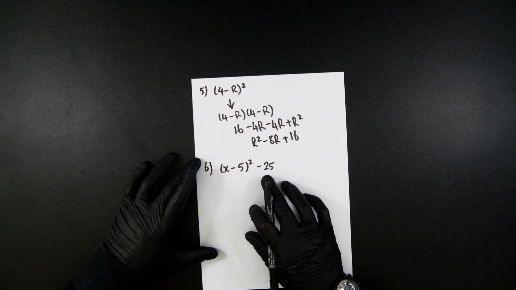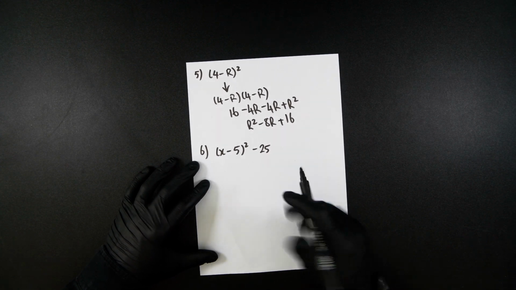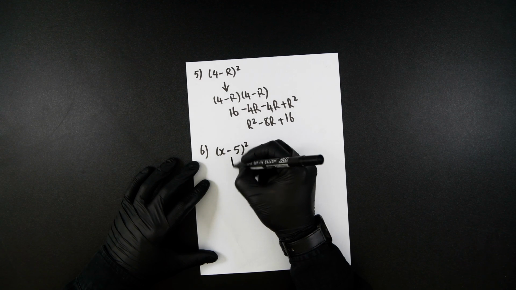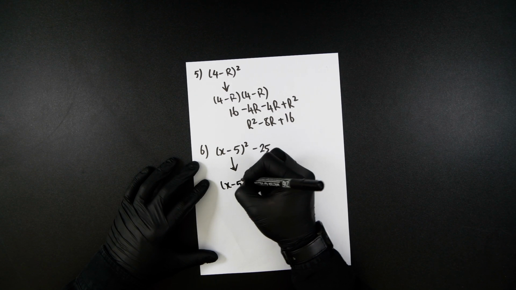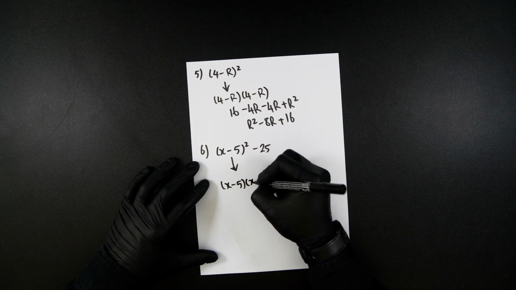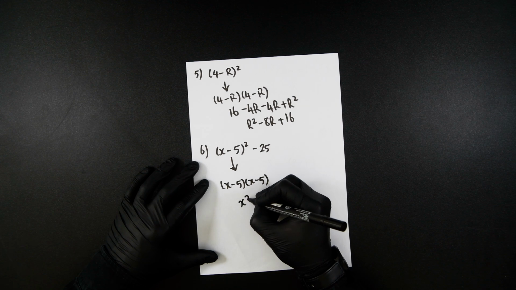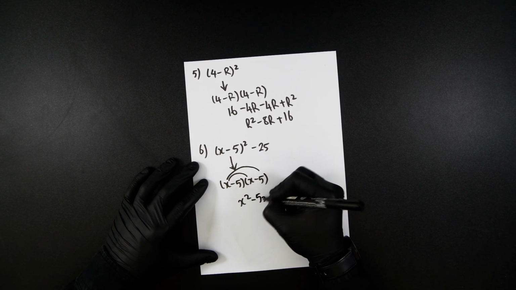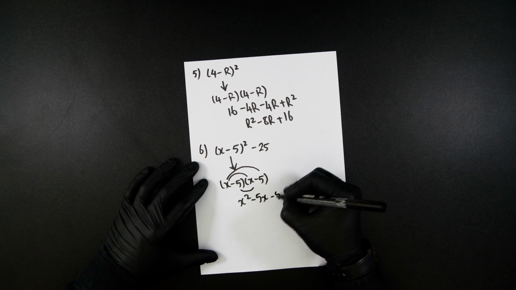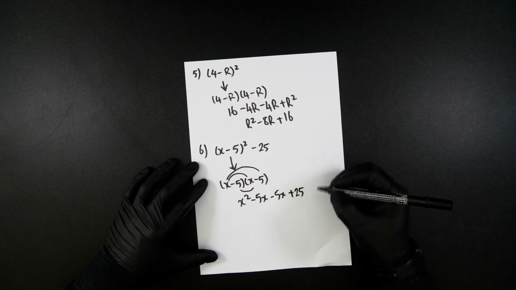Here we have a cheeky minus 25 sitting on the outside. So let's ignore that for now and just do what we did previously with this. We'll do x minus 5 and then x minus 5. Expanding that, we're going to get x squared, first terms, minus 5x, minus 5x, and then plus 25.